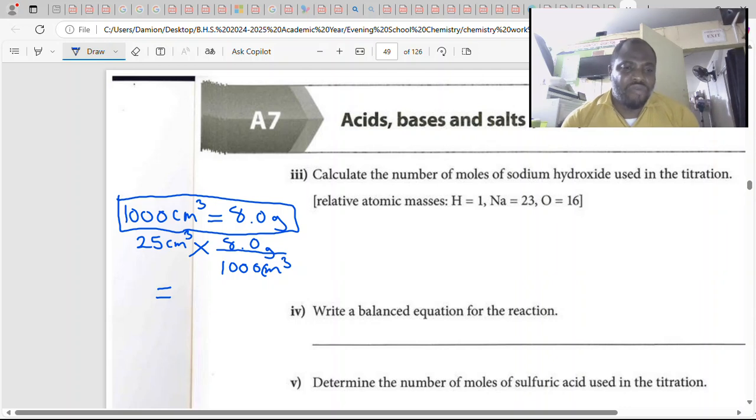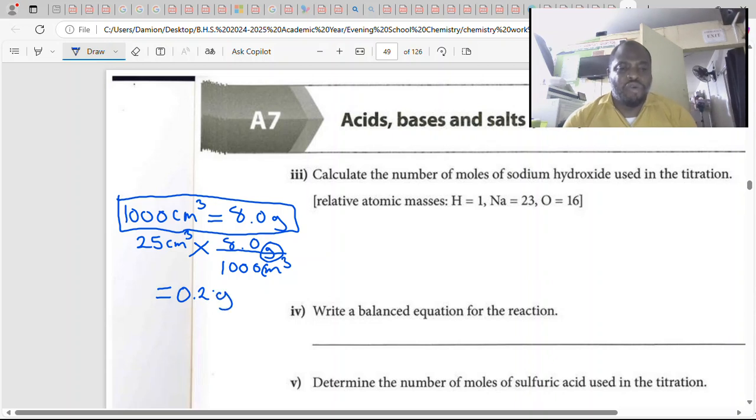So work this out for me. As you know, this would have been 25 times what? 0.008? Of 0.2 grams.